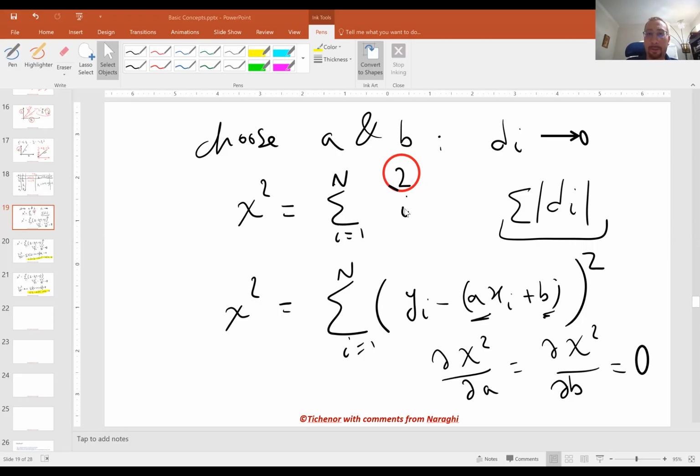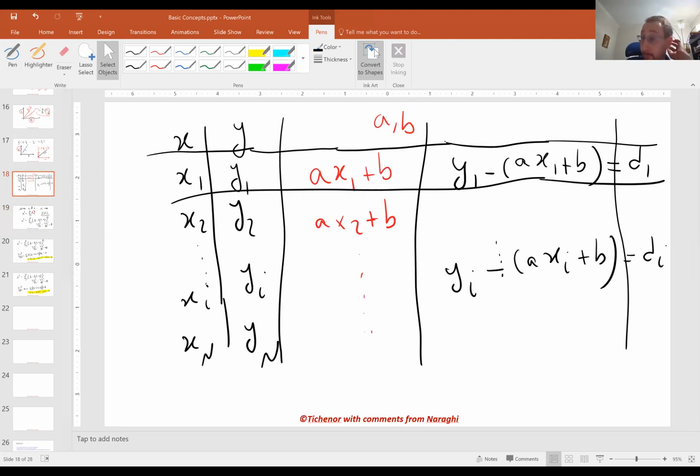You mean this equation? I think it was on the previous slide. Yes, in the top right corner, y1 minus (a x1 plus b) equals d. What does that represent? So this is what the model will predict for y1. This is what the experiment gave us. So the difference between them is our error. Okay. All right. Thank you.